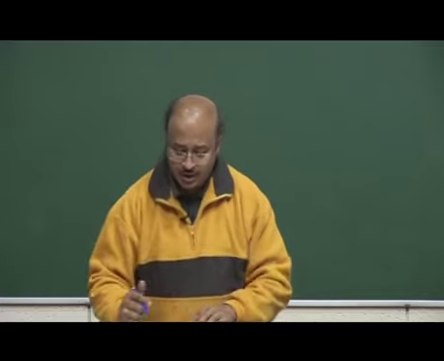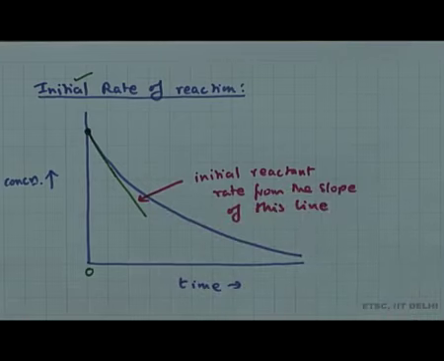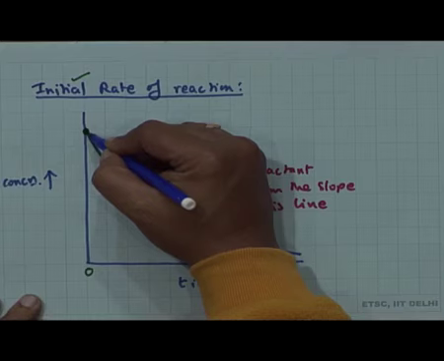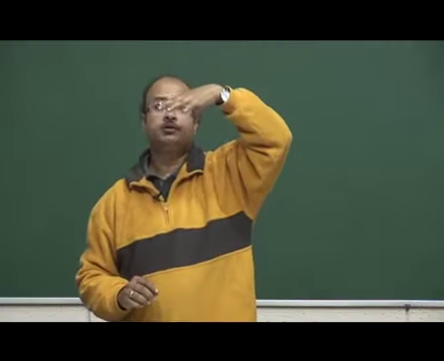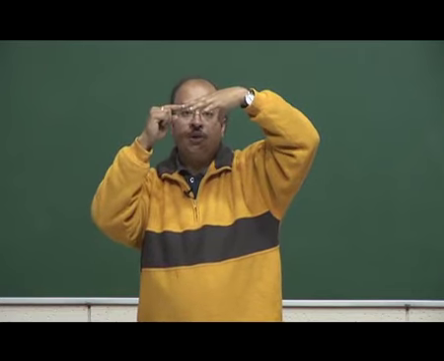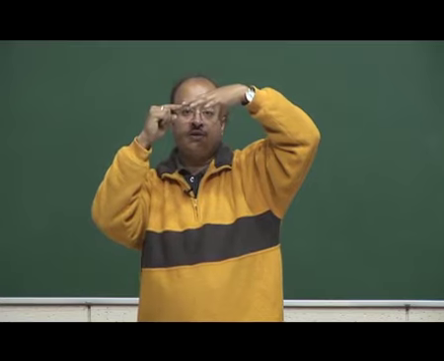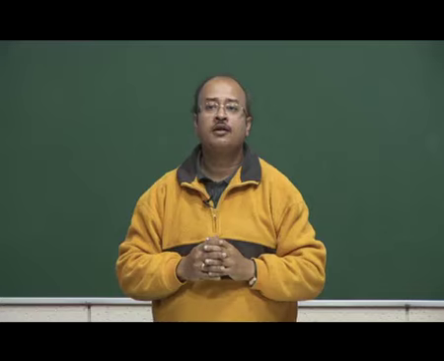When you consider the initial rate in terms of reactant loss or disappearance, at this point you have a huge amount of reactant, and very close to that initial time point you are trying to measure how much reactant has been lost.